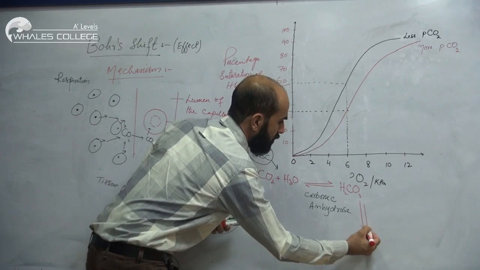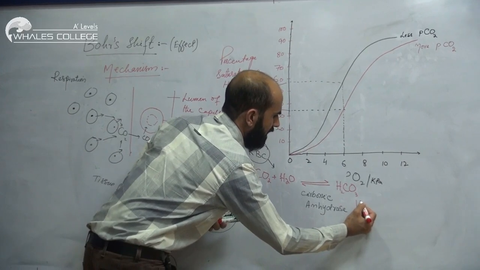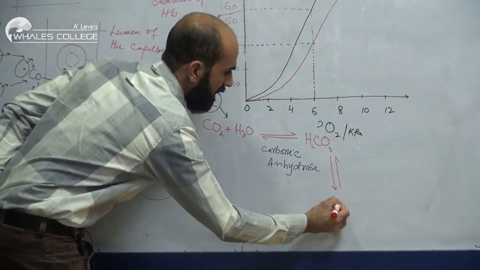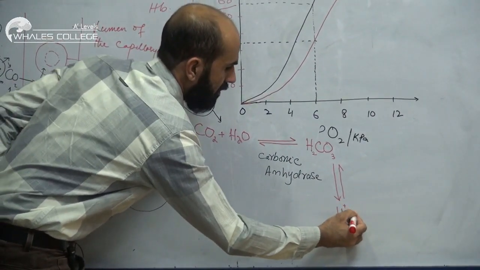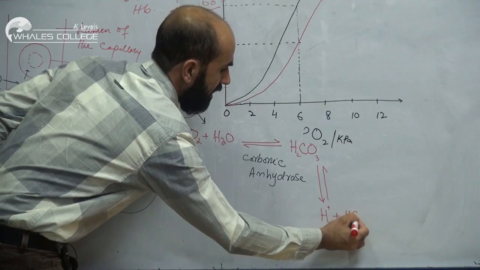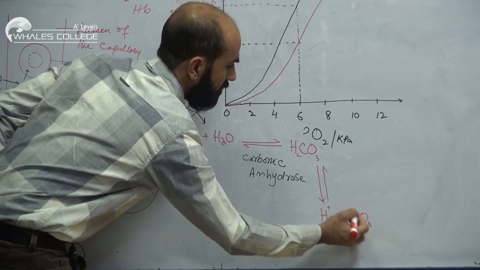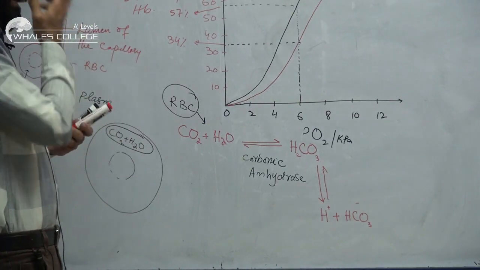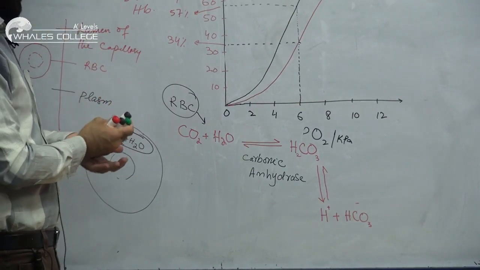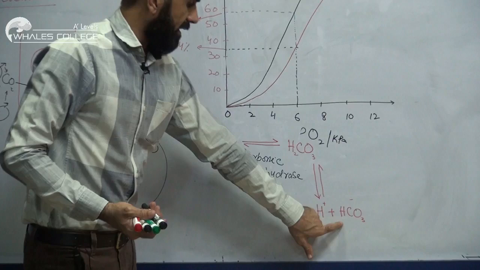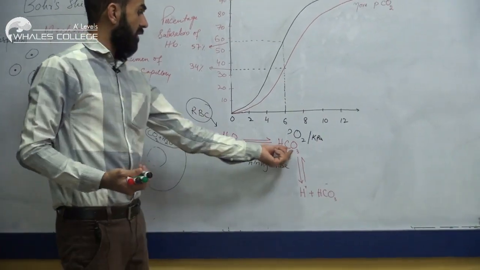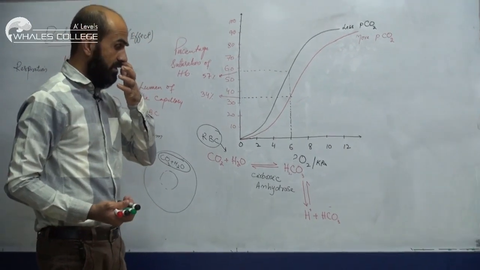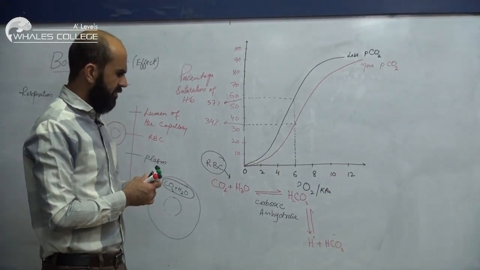It is decomposed, ionized immediately into H plus ion and hydrogen carbonate ion, HCO3 minus. Now in this reaction you can see H plus ion and HCO3 ion, because H2CO3 has been decomposed into its respective ions.